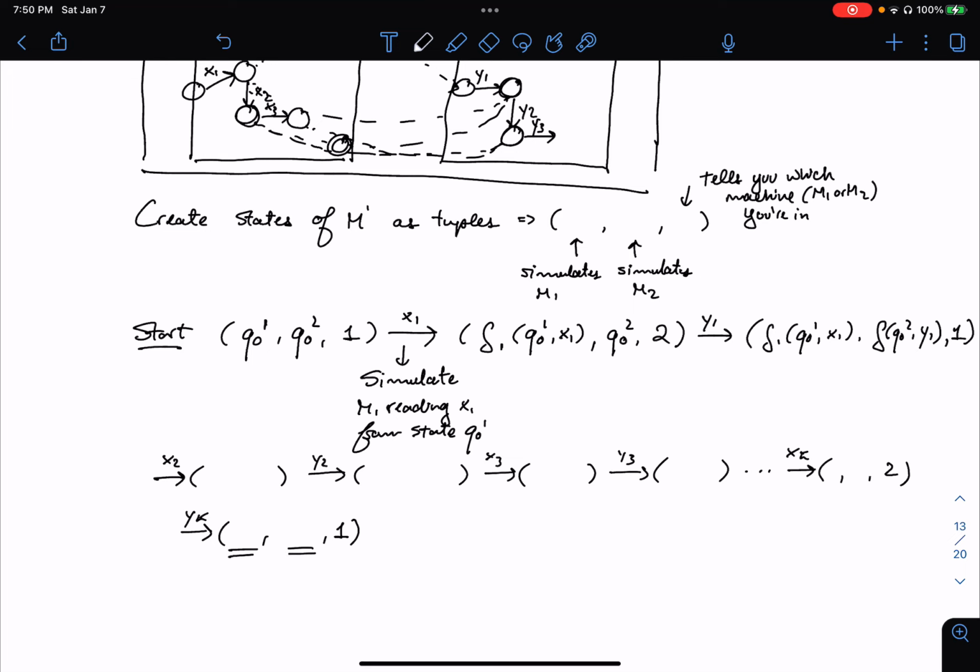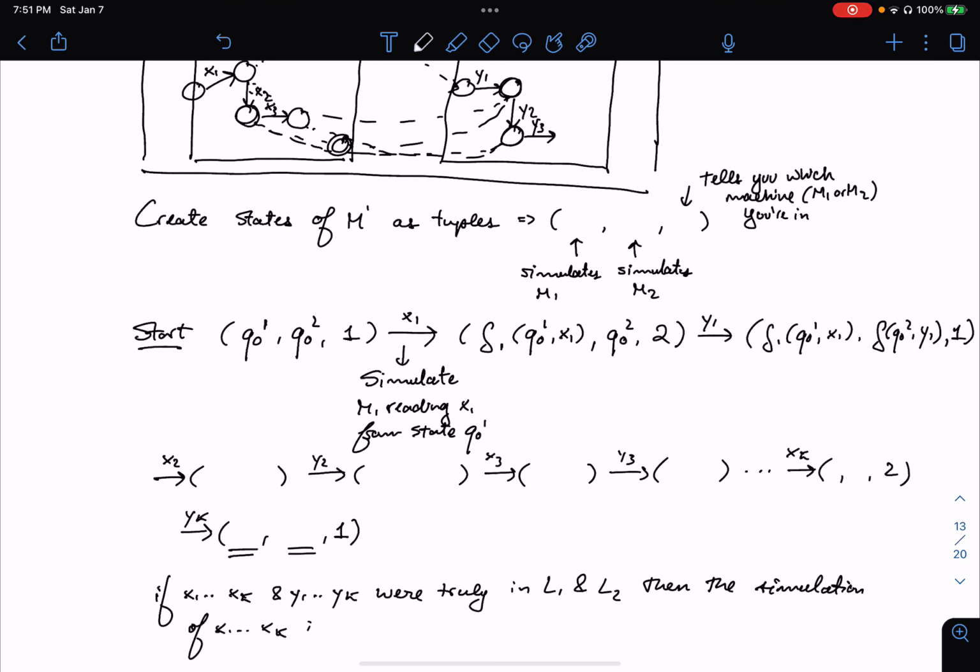If x1 to xk and y1 to yk were truly in L1 and L2, then the simulation of x1 to xk in M1 would have led to a final state in M1, by definition of what it means for the machine M1 to accept x1 to xk.